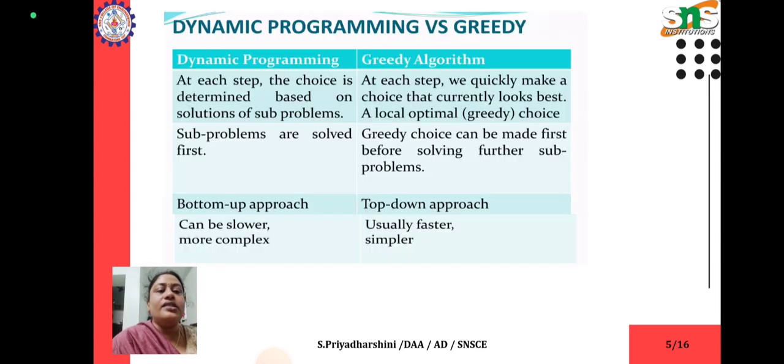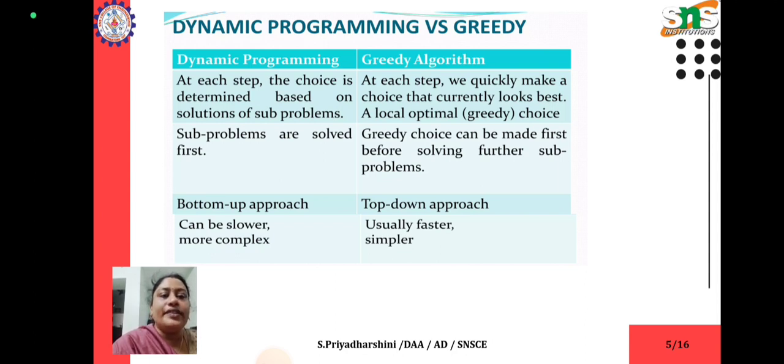So let's see the difference between dynamic programming and the greedy algorithm. In dynamic programming, at each step, the choice is determined based on the solutions of subproblems. Whereas in the greedy approach, at each step, we quickly make a choice that currently looks the best. A local optimum greedy choice is made.